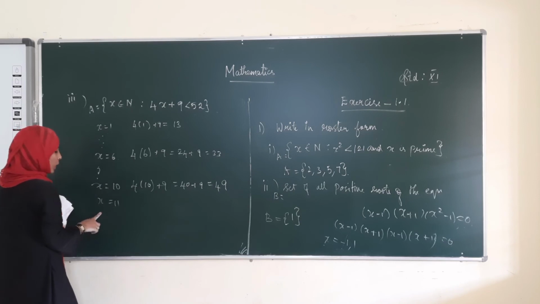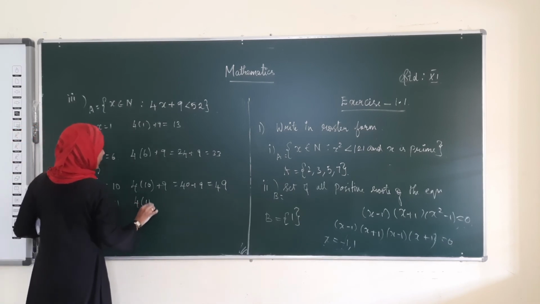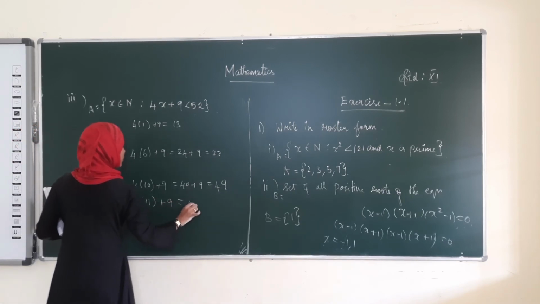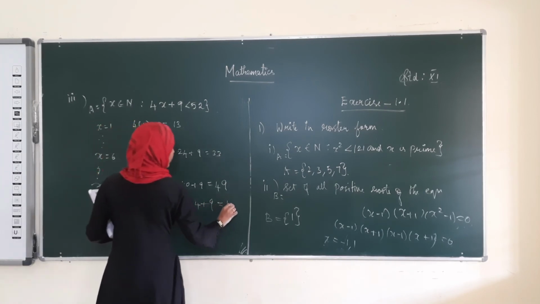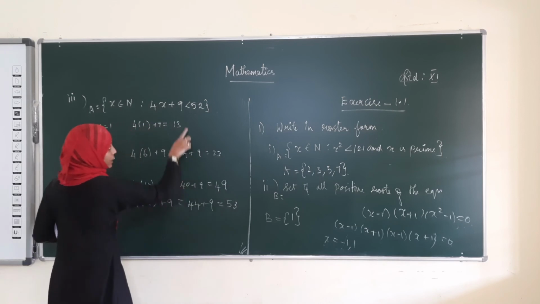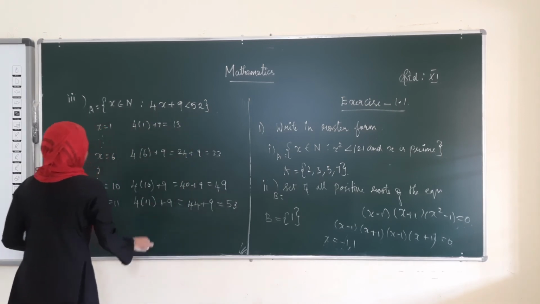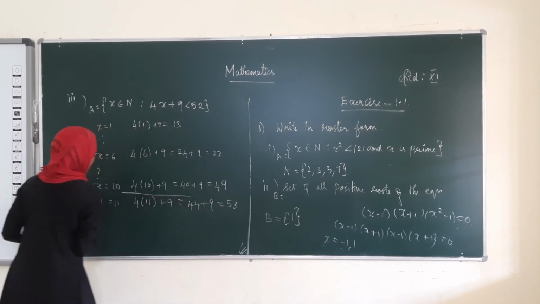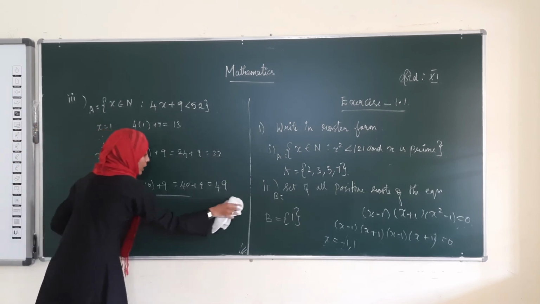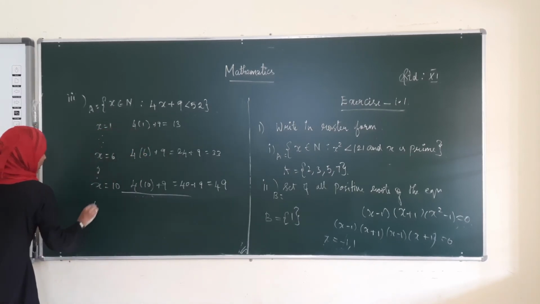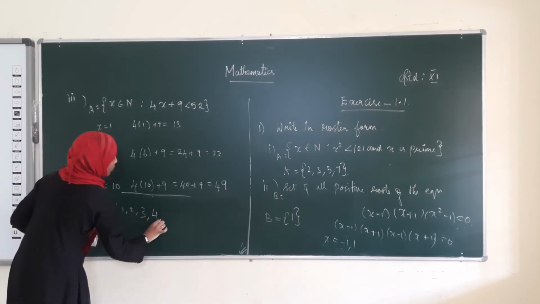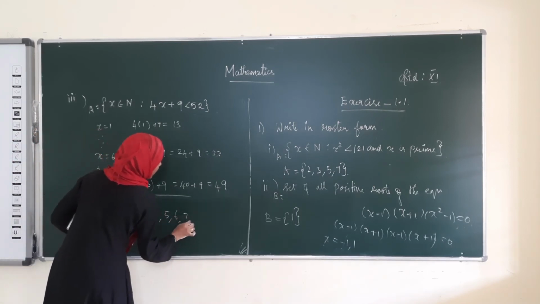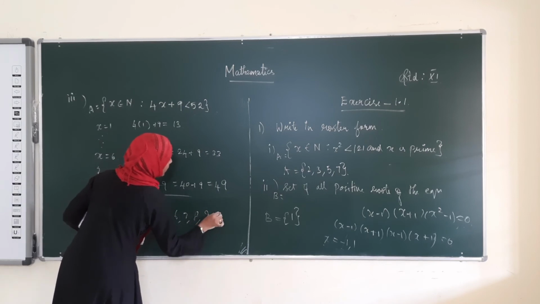Shall we take x equal to 11? 4 into 11 plus 9, which is 44 plus 9. What we get is 53. 53 is greater than 52. Therefore, we are restricting the value of x to 10 alone, from 1 to 10. Therefore, the set A will be written as 1, 2, 3, 4, 5, 6, 7, 8, 9, 10.